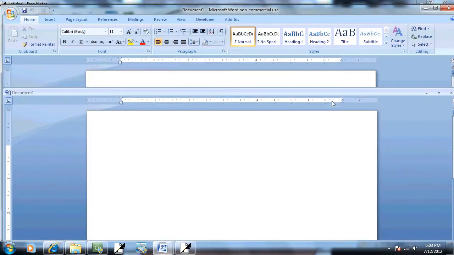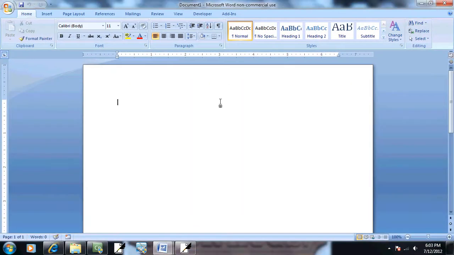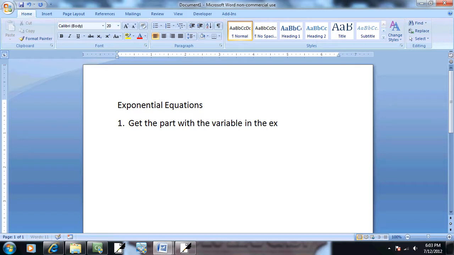Let's refresh our memory on the steps. So exponential equations. Step 1. Get the part with the variable in the exponent by itself.